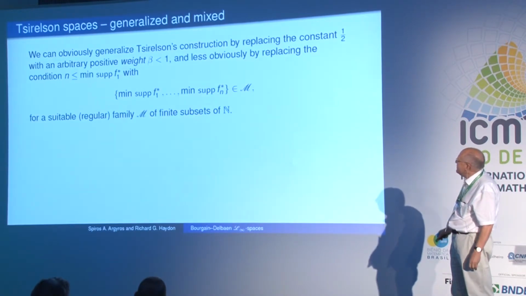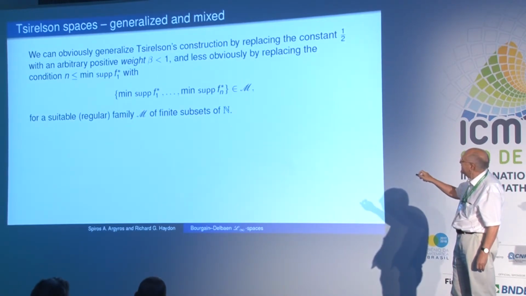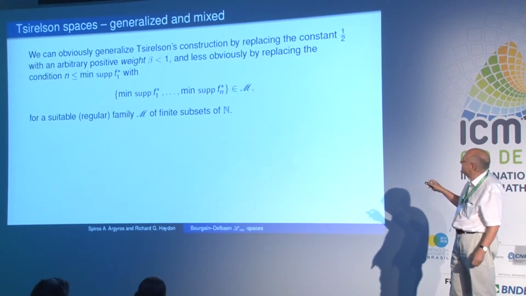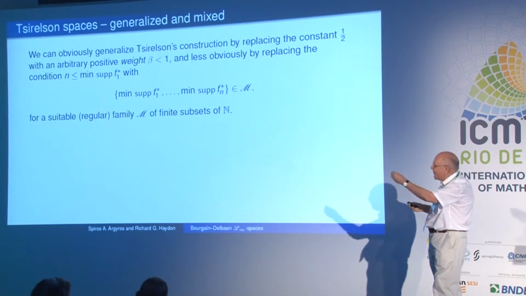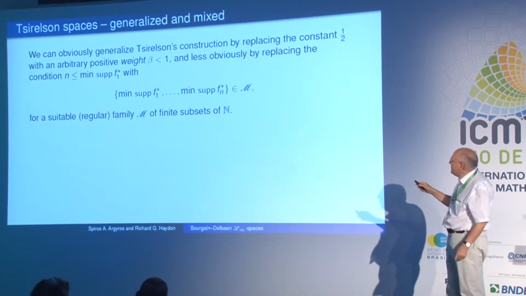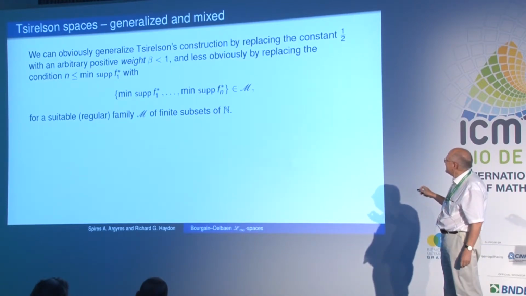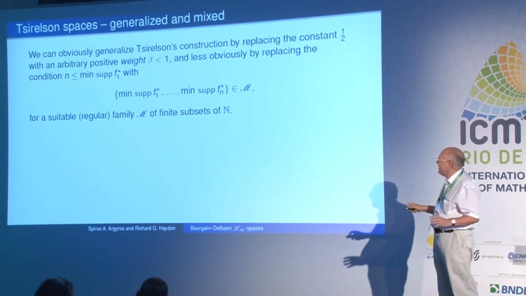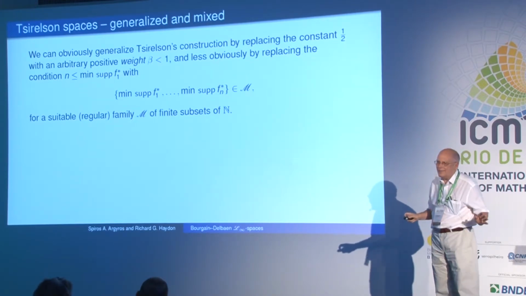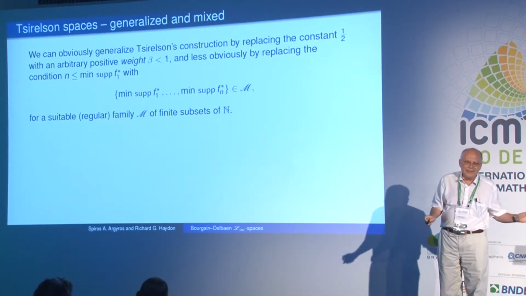Less obviously, this condition that I highlighted, that the number of blocks should be less than or equal to the minimum support of the first one, you can replace that with saying that the minima of the supports, taken as a set, lie in a certain kind of family of finite subsets of N. And these are called regular families.